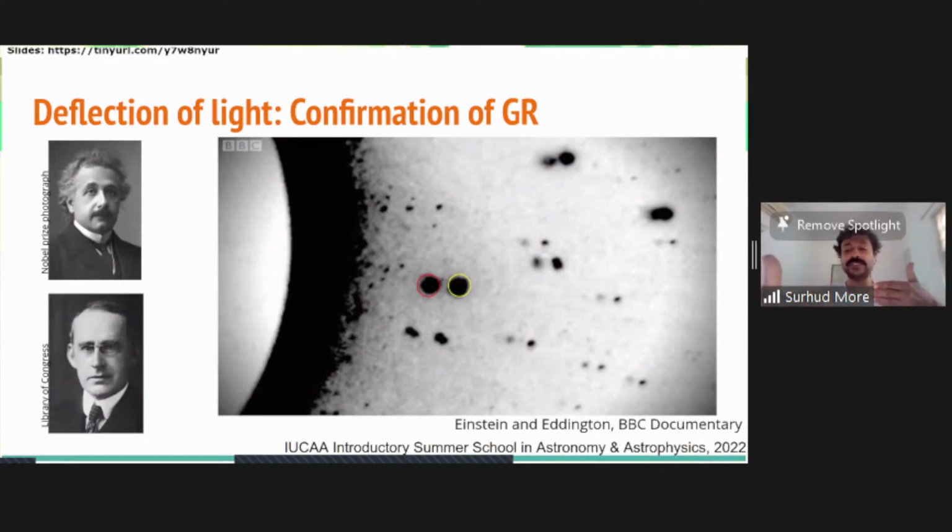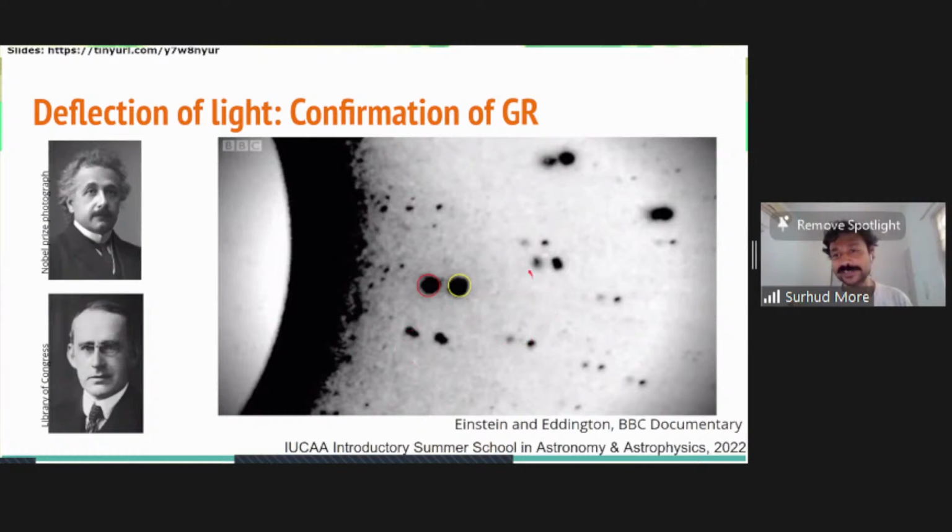So they took these two images and then they tried to overlay them on top of each other. So you are seeing these images overlaid on top of each other, and you can see that for every star there is a doublet, right? So there's this star, there's another star, there's this star, there's another star, and so on.